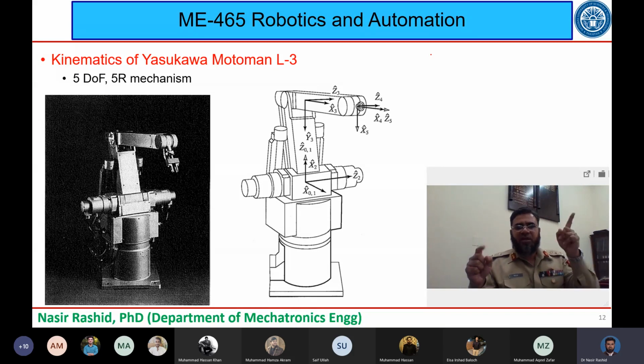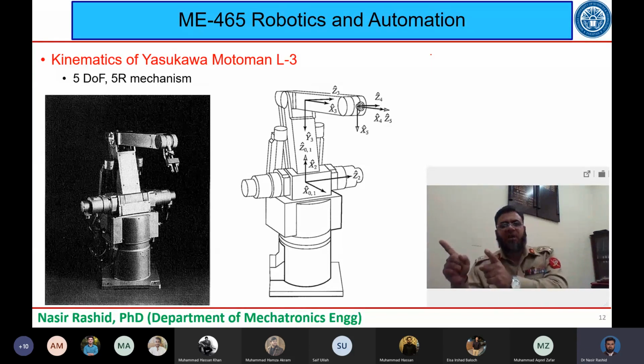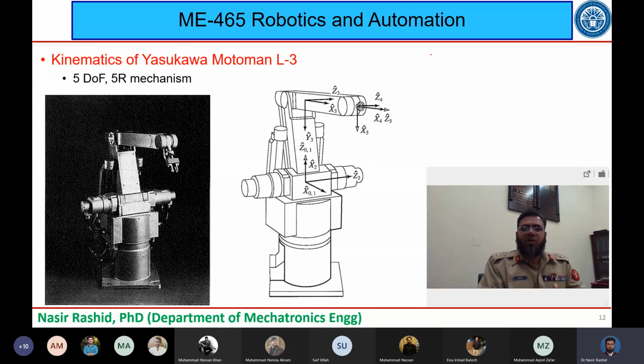That means we can go from actuator space to Cartesian space as well, but since we are not studying this subject in that detail, I am not going to calculate that conversion from the actuator space to the Cartesian space. Rather, from joint space to Cartesian space, exactly the same as we have just done for Puma, we are going to do the same for the Yasukawa Motoman.